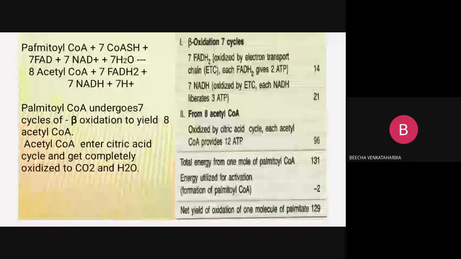So 96 plus 21 plus 14 is equal to 131 ATPs. But here 2 ATPs are used as an energy source. That's why 131 minus 2 is equal to 129 ATPs, the net ATPs released in the beta oxidation cycle of palmitic acid.